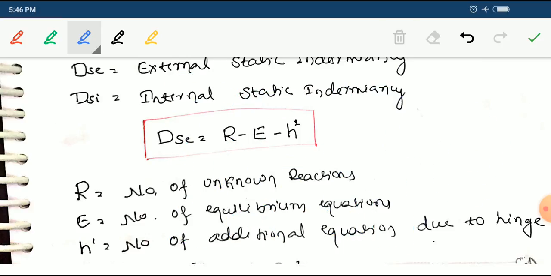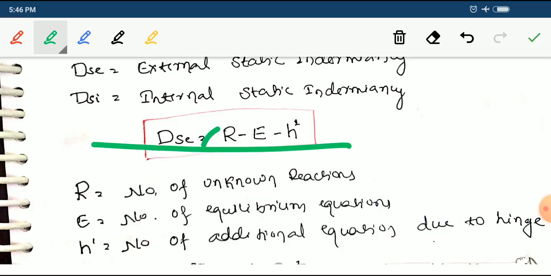Okay, next, what is H? H is the number of additional equations that are required due to internal hinge. So if this is the beam and there is an internal hinge, you need some additional equations. So how do you calculate the value of H dash?